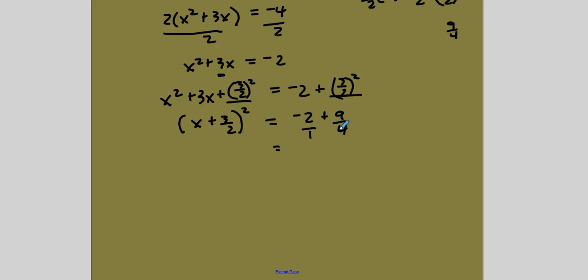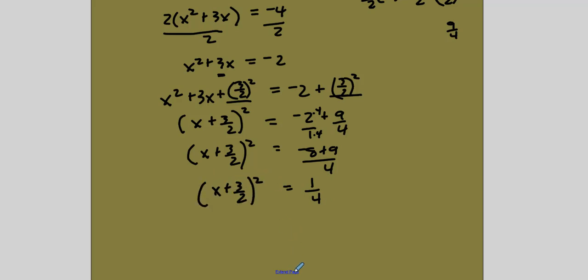I need a least common denominator of 4, so I need to multiply this by 4 over 4. So on the right side I have negative 8 plus 9 over 4. I'll leave the left side as is for the moment. So the right side becomes 1/4. So I have x plus 3 halves quantity squared equals 1/4.